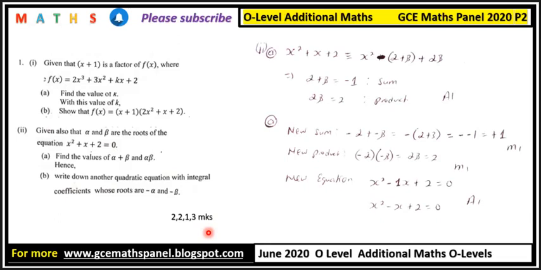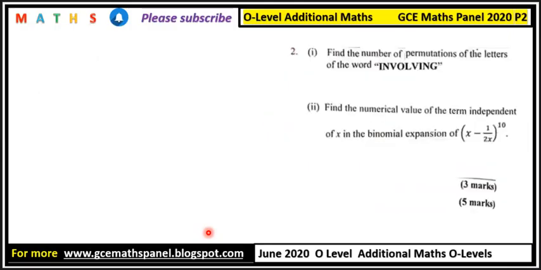Question 2. Find the number of permutations of the letters of the word involving. So this particular word has 2 I's, as you can see, 2 N's, and 2 V's.